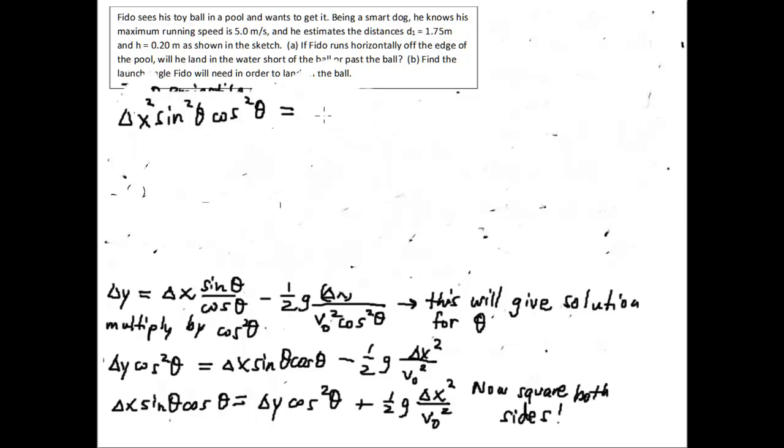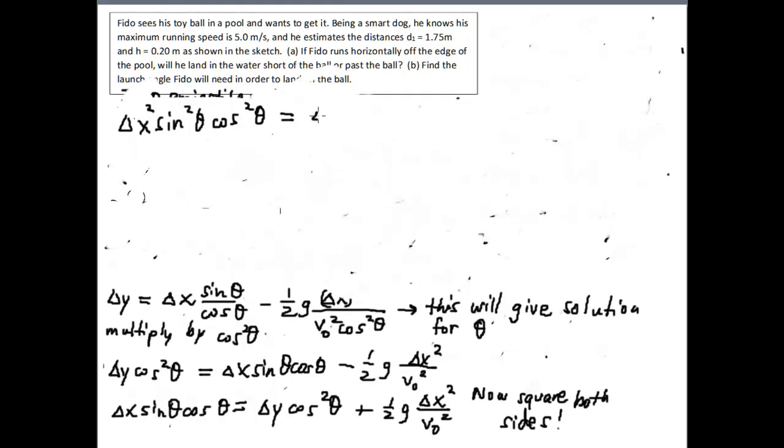And so the first term will be delta y squared cosine to the fourth theta, right? And then I'm going to have 2 times the product of those two terms.